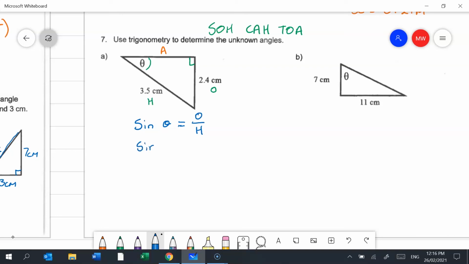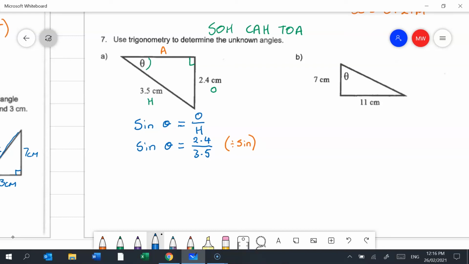So sine theta will be 2.4 divided by 3.5. And I don't want to find what sine theta is, I want to find what theta is. So it's really the balance method. What I'm doing is I'm dividing by sine on both sides.